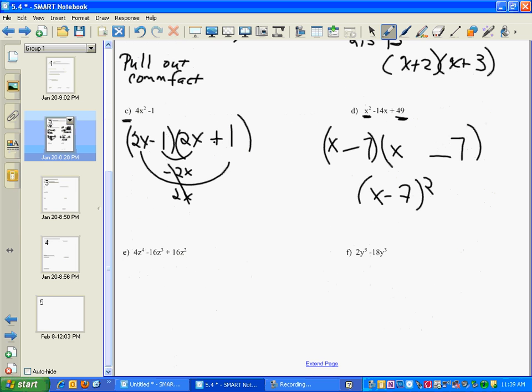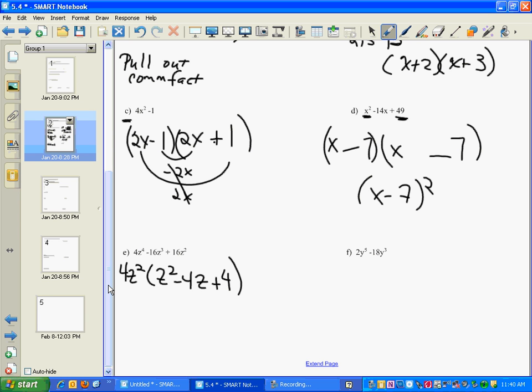Okay. All right. So what am I going to do in E? So 4z squared leaves me with z squared minus 4z plus 4. So we're doing two things here, and then what do we have? Do we have a perfect square trinomial, or do I just factor this like normal?